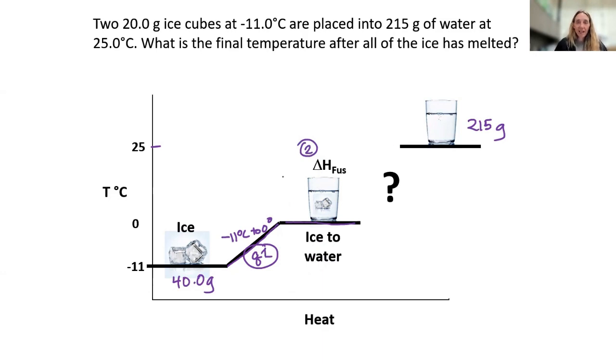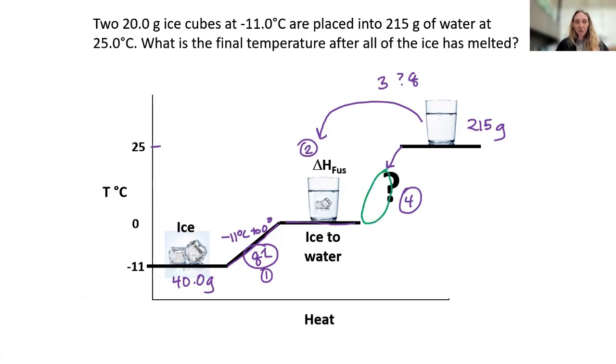The next thing is we have to figure out how much heat in steps 1 and 2 is required, that our water has to give. So step 3 is the amount of heat that needs to be given. So that's going to lower this temperature by a little bit. Now that we've lowered this temperature a little bit, our 4th step is to figure out that difference in this range.